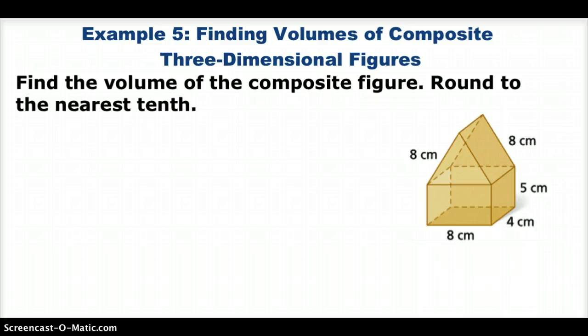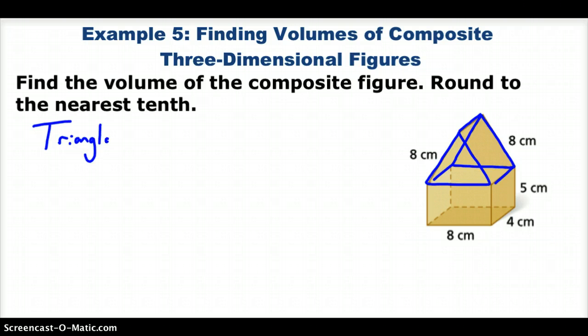Okay, and so what I see in this picture is a triangular prism, and here are our bases that are the same and they're parallel to each other. And here are the rectangles that connect them. So I see a triangular prism. Okay, and I also see a rectangular prism.